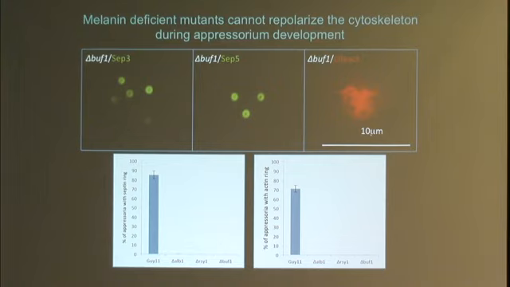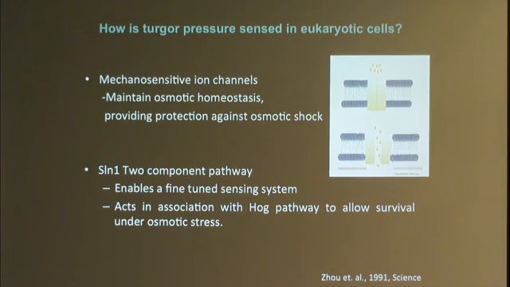Then the question is, if the turgor pressure is the signal, and you have these rings forming around the appressorium pore for plant penetration, there must be something sensing this turgor pressure. There must be a sensor which senses the changes in the turgor pressure and tells the cell, okay, now it is time to form these rings and get into the plant cell. We know from several other studies that turgor pressure can be sensed in two different ways.